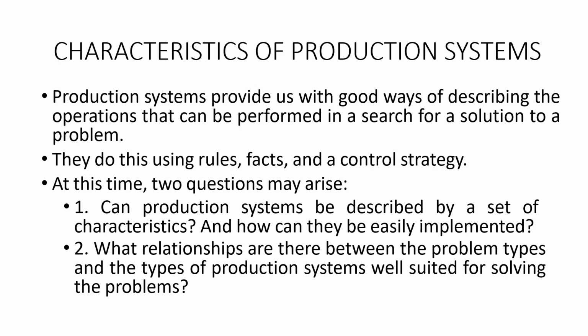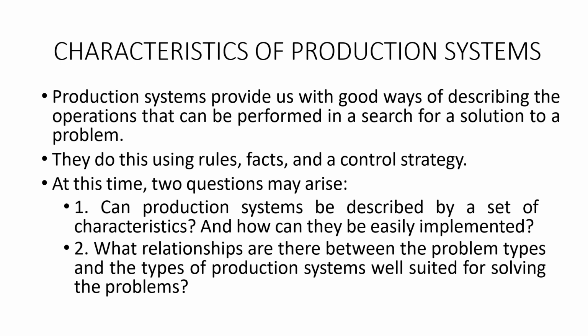We will see why these characteristics are important. Production systems are used to describe and control search in AI using rules, facts, and control strategies. We already discussed that. Studying these characteristics will help us understand how they behave, decide which production system suits which type of problem, and also implement them effectively.